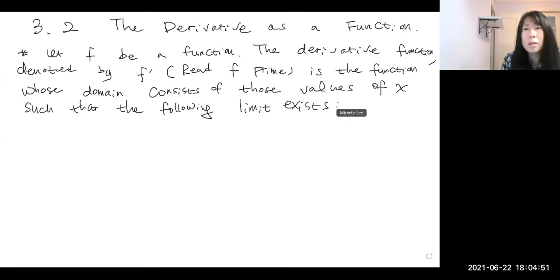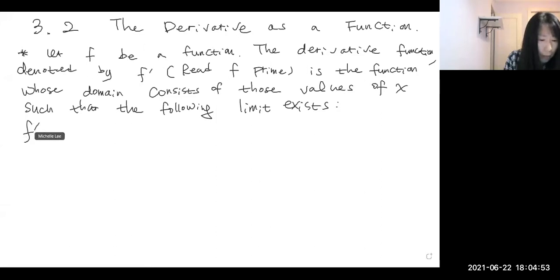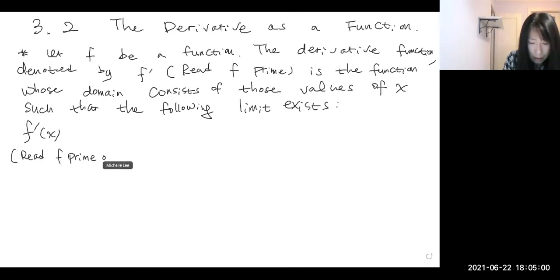So we are using the notation f prime of x. Read f prime of x.